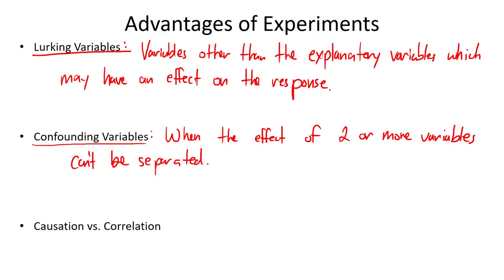Then at the end of those 2 or 3 years we find that graduation rates went up. Well, how do you know which of those 3 variables actually had an effect on the graduation rates? They're all confounded because you changed them all at once, and you can't tell which one caused the outcome. But in a more well-designed experiment, you might be able to control for some of that.